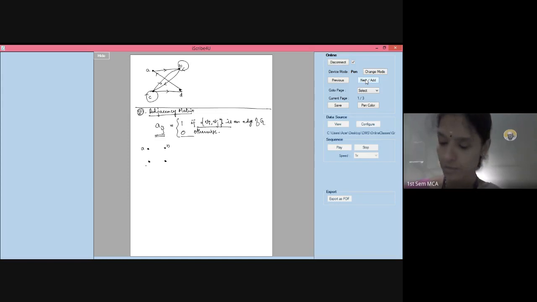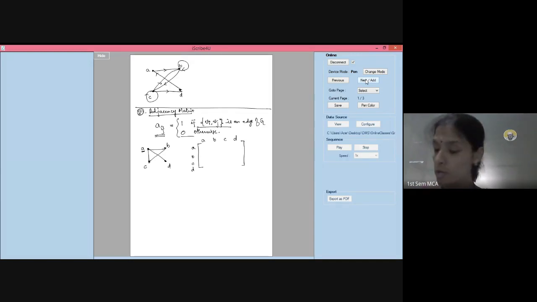A, B, C, D. We'll take a very simple one. All right, this is my graph. So how do I put it in the form of a matrix? I'll take the vertices in the same order, A, B, C, D. Now, A to A, there is no loop at this vertex A, correct?